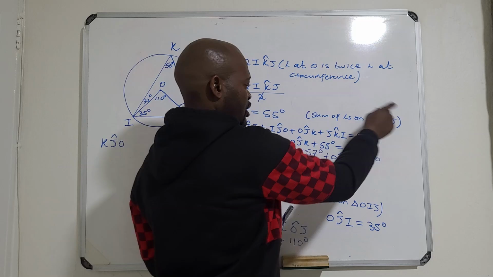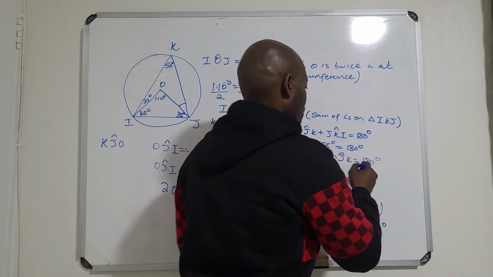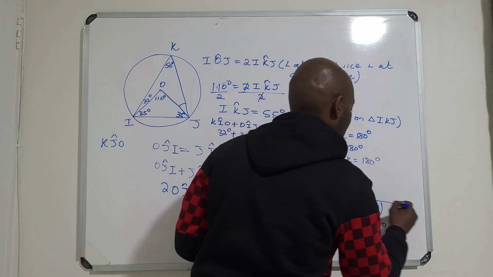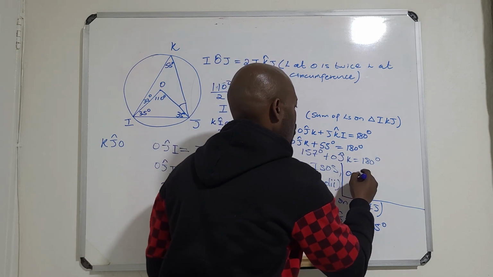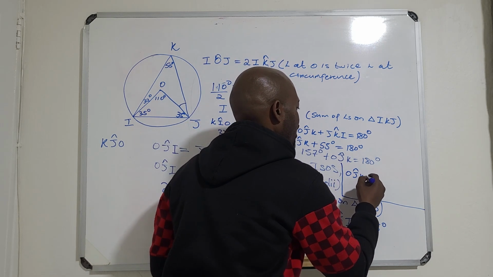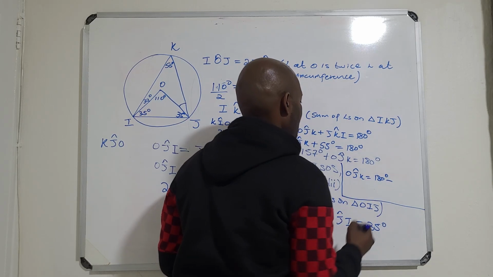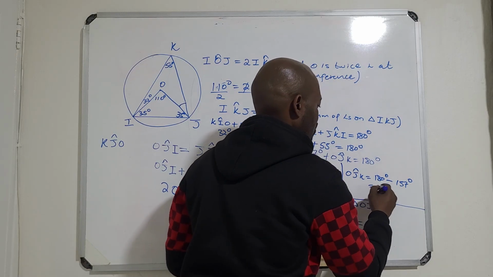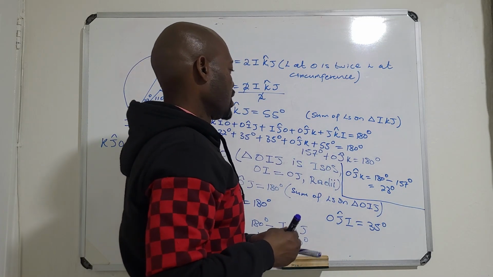Now we take this to the other side, then we can find what we are looking for. We're going to say angle OJK is equal to 280 degrees minus 157 degrees, which is equal to 23 degrees.